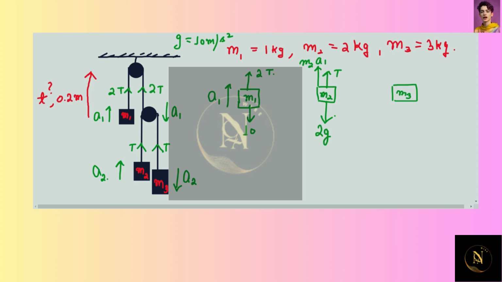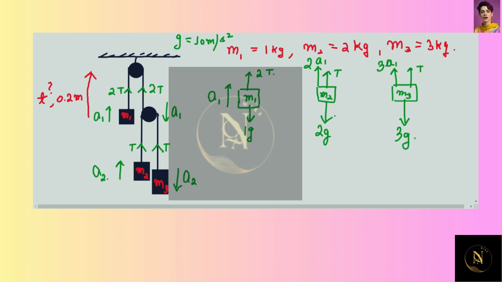Let us take this in terms of G, and later on we will put the value. Similarly on M3, the force acting will be T in the upward direction, and M3 into A1. So M3 is 3, so 3 into A1. Here also we'll put the value of M2, that is 2A1, and the weight will be acting, that is 3G.